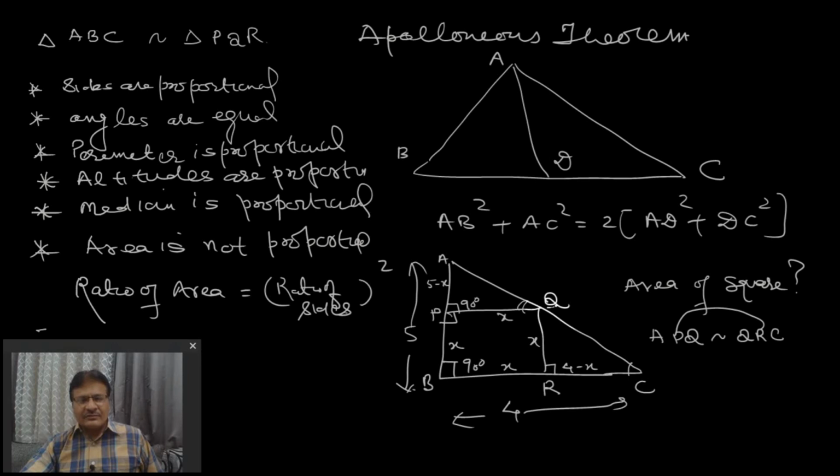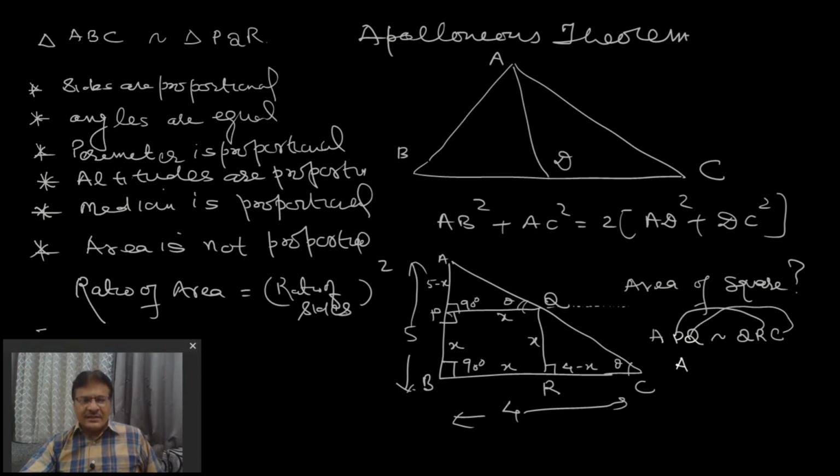I can extend so you will be able to visualize it properly. This angle is theta, then this angle is again theta. So angle Q is equal to angle C. If two angles are equal, then it's enough. The third angle has to be equal, definitely. So these two are similar triangles, and if the triangles are similar, then the sides are proportional.